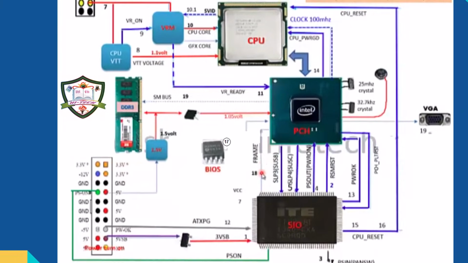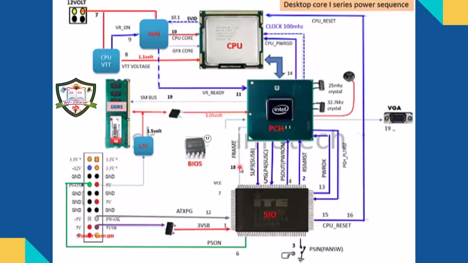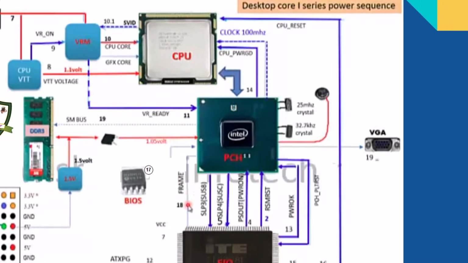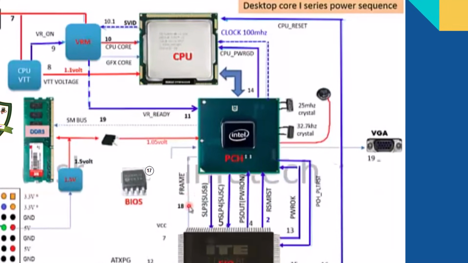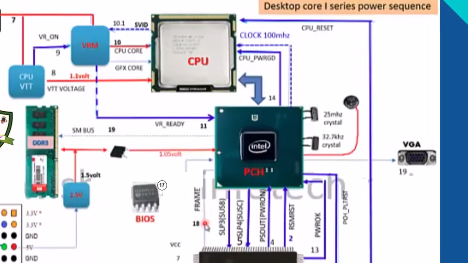You will also see additional signals like VR_ready and PCH_PWROK. These ensure that the PCH and CPU are perfectly synchronized before the PCH releases the PLT-RST, or platform reset, which is the final gate before the system can boot.